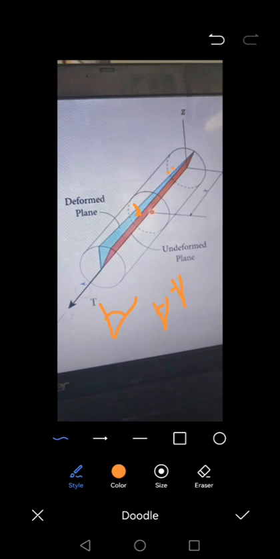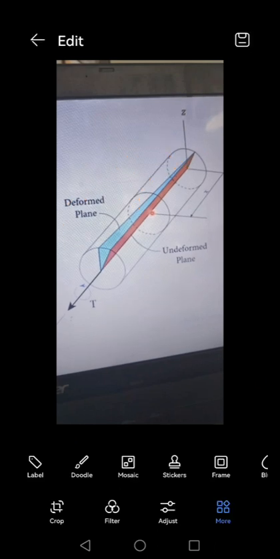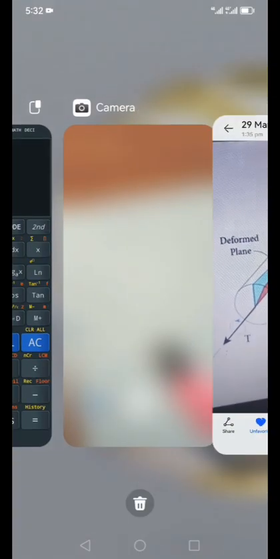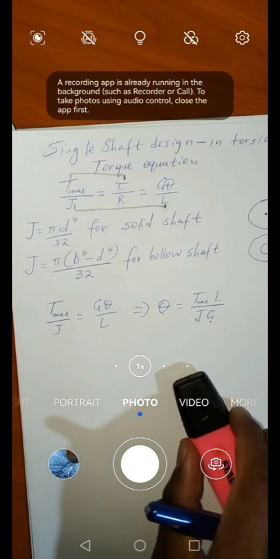So the angle of twist depends on the length. So the longer the component, the bigger the angle of twist. So that's what this formula is trying to tell us.